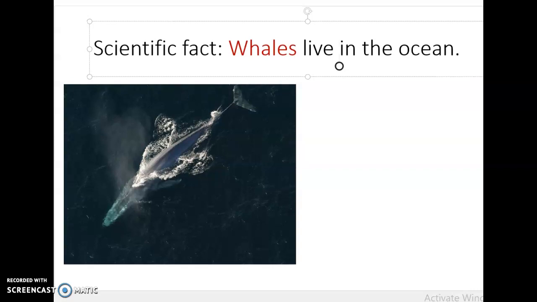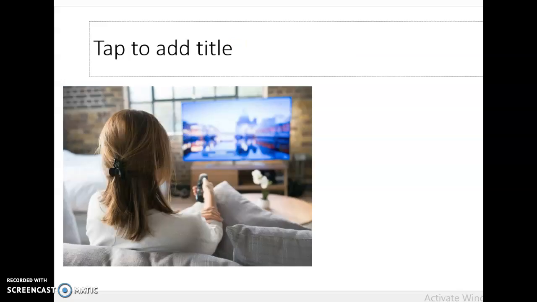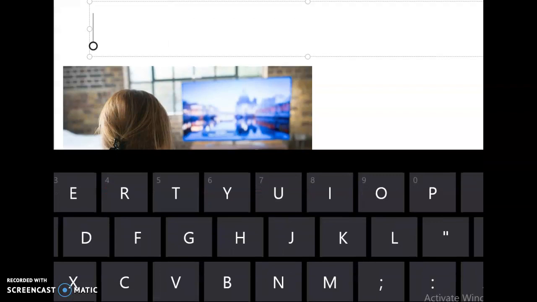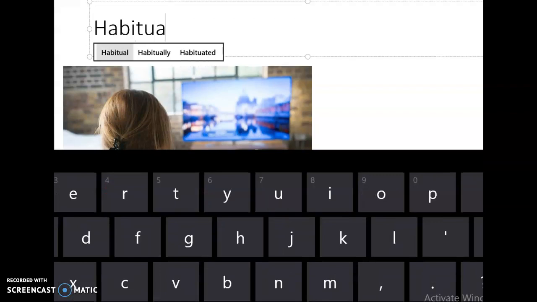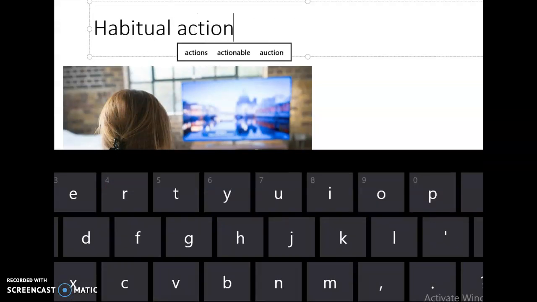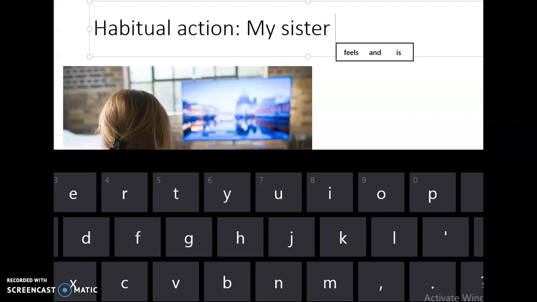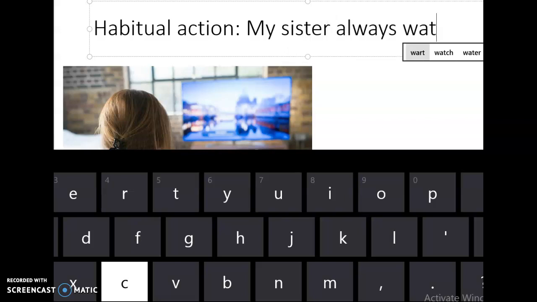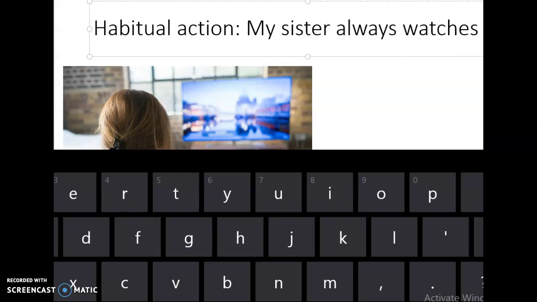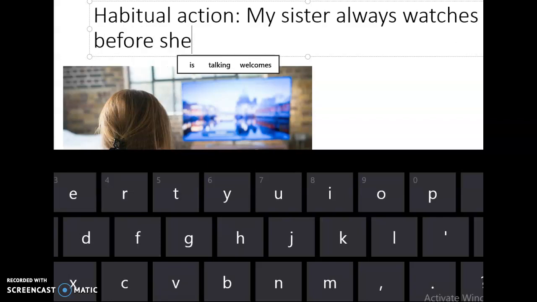Another use, when we have, for example, this girl, she always watches TV at night. So this is a habitual action. So we say, my sister, for example, always watches TV before she sleeps.